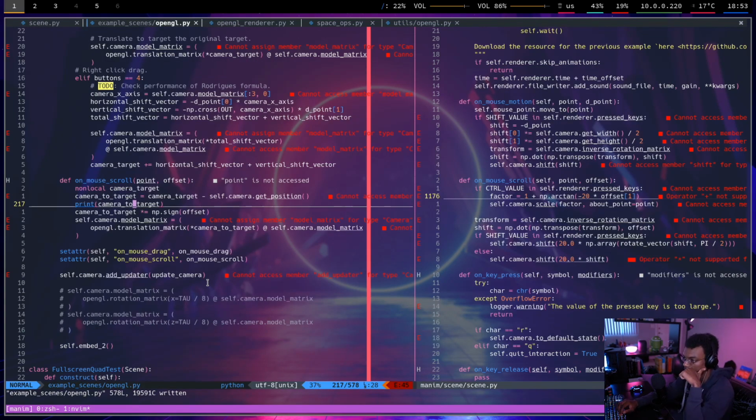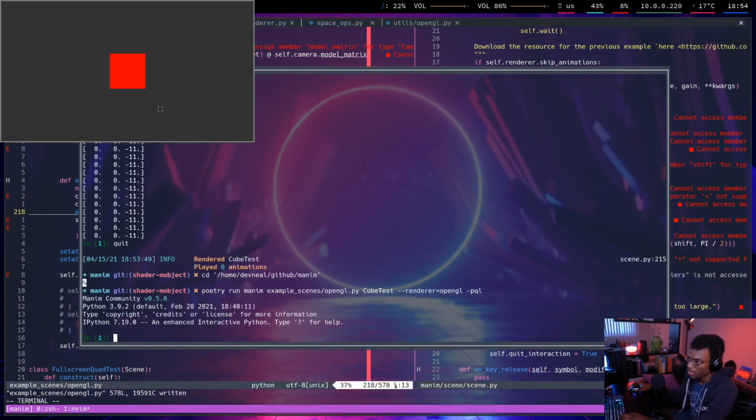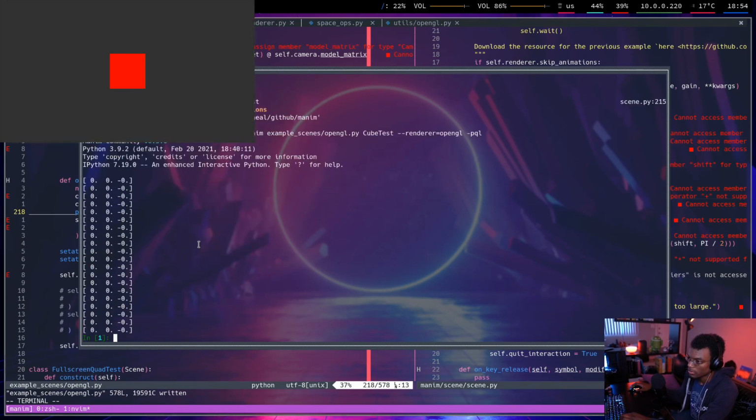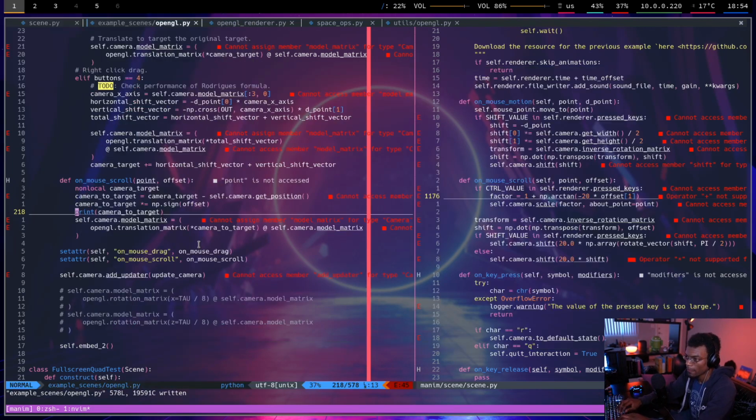So why is it that when I translate by that much, nothing happens? Camera to target times equals the sine of the offset. That won't change. That will probably change basically nothing. No, that turned it to a 0. Okay. I knew not to trust this numpy sine function.